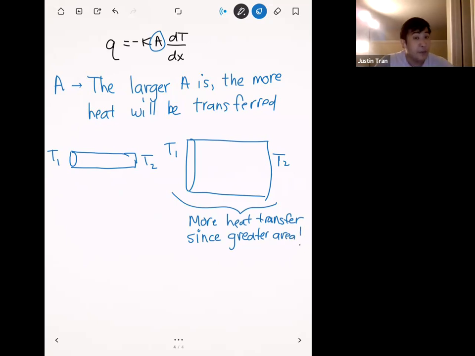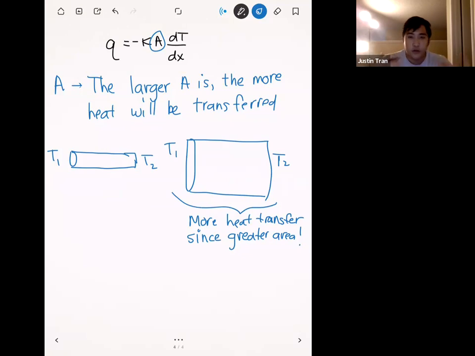The temperature difference is exactly the same. The only difference here is that we have a wider area. One way that you can think about this is like freeway traffic. If you have more lanes on the freeway, let's say you're on the 57 right outside Cal State Fullerton, it's a very nice 5-lane wide freeway.